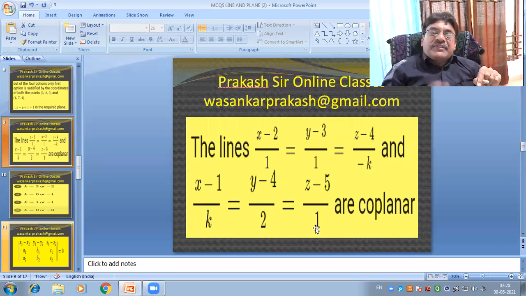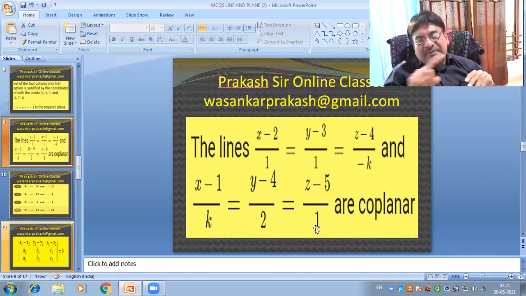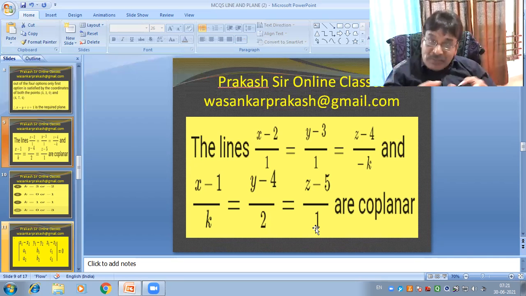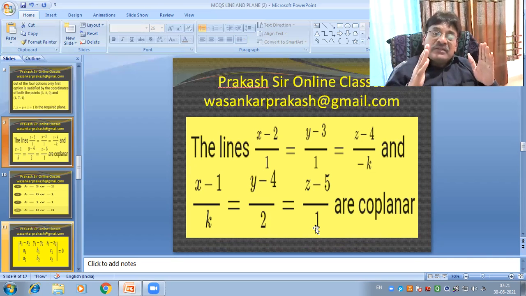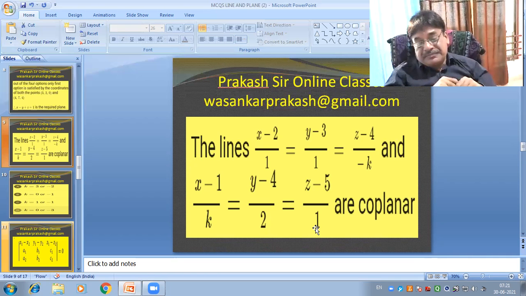In this way we get three vectors lying in the same plane: vector AB, vector P, vector Q. If these three vectors lie in the same plane, then they are coplanar. Therefore, their box product, that is the box product of vector AB, vector P, vector Q, equals 0.